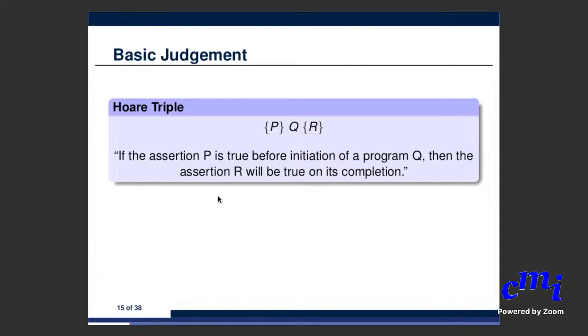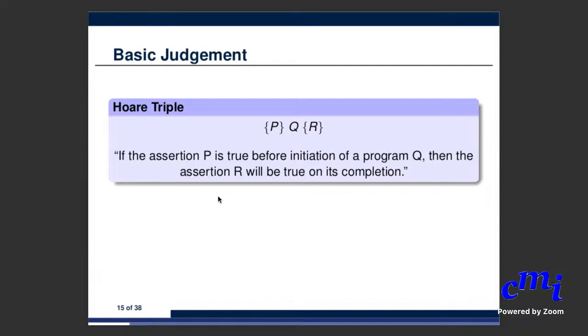The variables include the equivalent of logical variables corresponding to the program variables. When I say this is true, what it means is, if the assertion P is true at the entry point of the program, that is, if you're in a state that satisfies P, then if it terminates, R should hold. Usually the squiggly bracket is used to denote partial correctness. For the time being, let's assume we are only dealing with partial correctness.